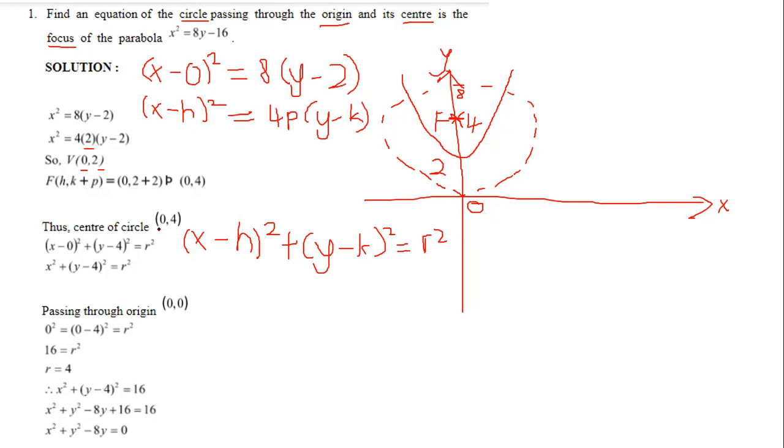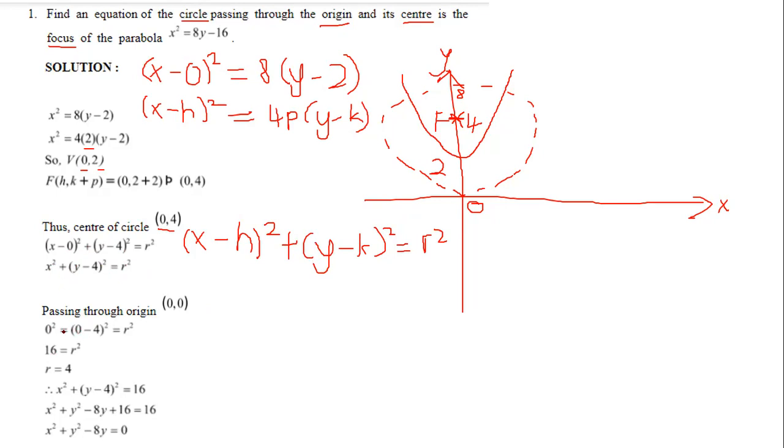When we know the center of the circle, we can substitute inside, then we get x squared plus y minus 4 squared equals r squared. Then how do we get r? It has one hint: this passes through the origin 0, 0. So we substitute 0, 0 into this equation.